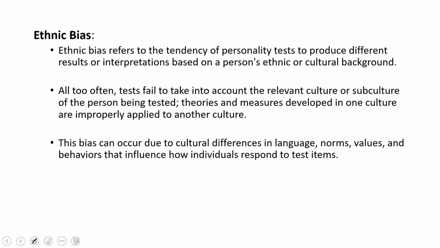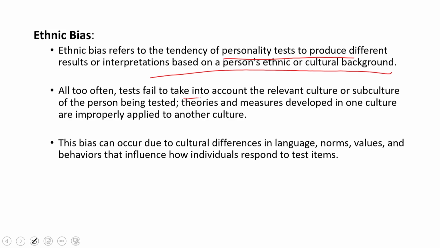When we say ethnic biases, it refers to the tendency of a personality test to produce different results or interpretations based on a person's ethnic or cultural background. If such a test consistently gives different results for people with a different cultural or ethnic background, that means it has a certain ethnic bias, because it is consistently giving different results for people of certain backgrounds.